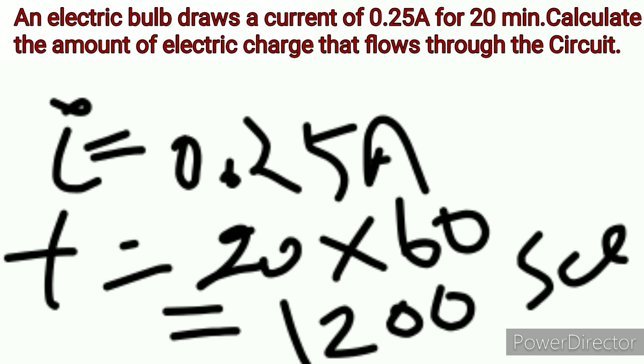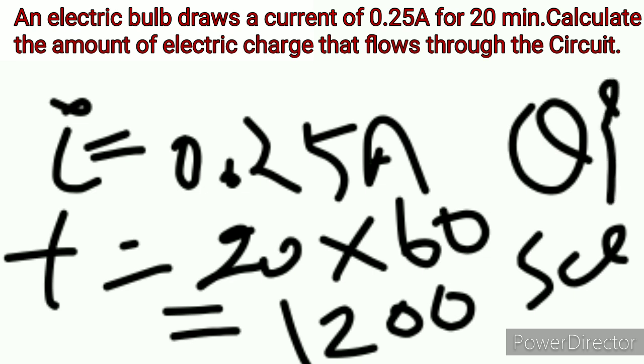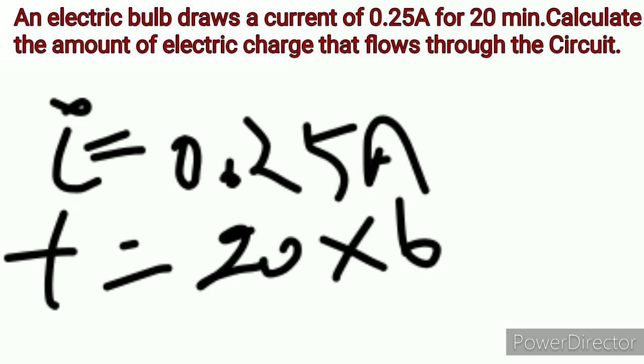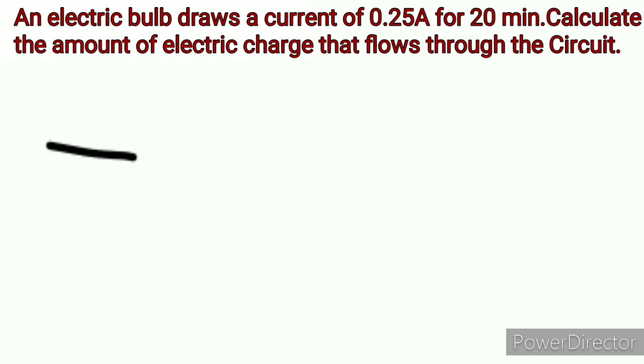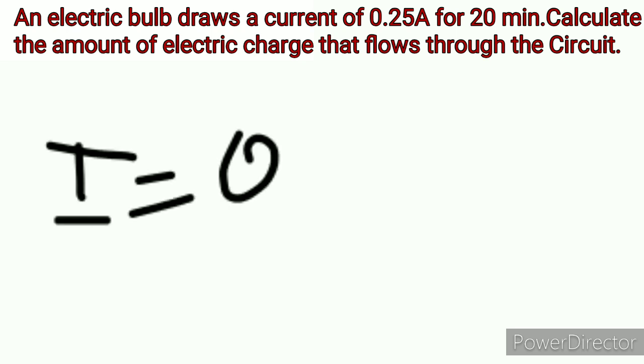So we have the value of current and time, and now we have to find the value of charge. Charge is represented by capital Q. The first formula of this chapter, related to current and charge, is I equals Q upon T. So we can say that current is the ratio of charge to time, or the rate of flow of charge is called current.